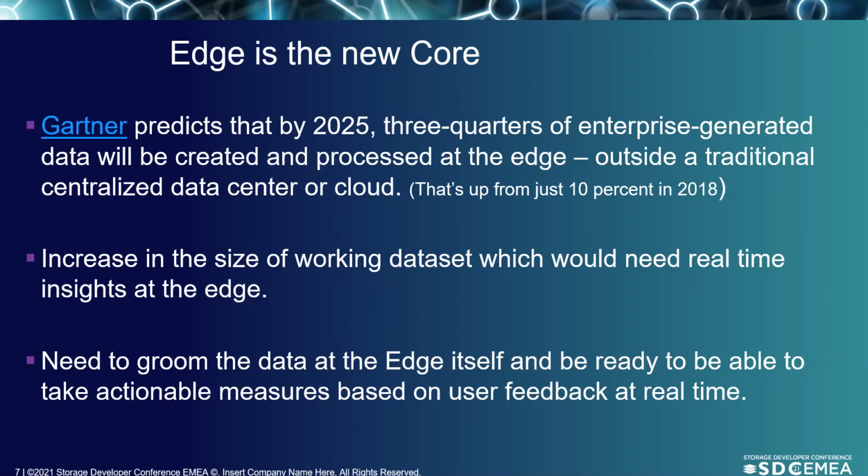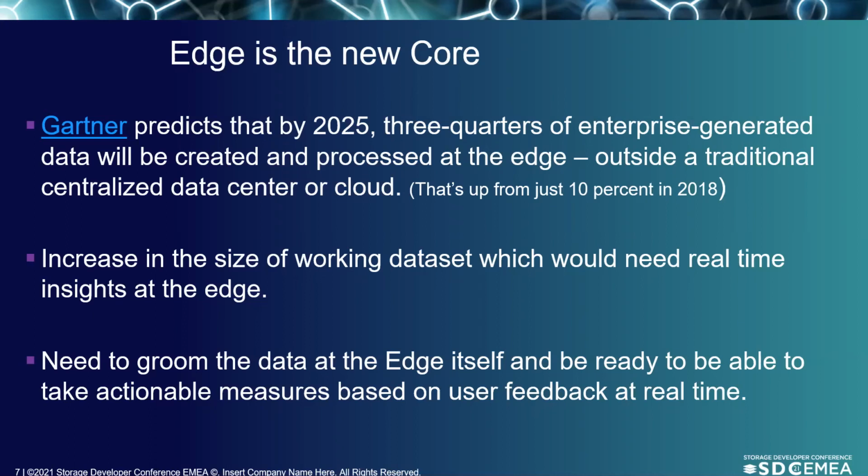This is what Gartner is saying, and it will all be outside of a traditional data center or a cloud. That will increase your working data set, which is going to be huge, and that is where you need to provide real-time analysis and actionable intelligence to the end user by working on these huge data sets.